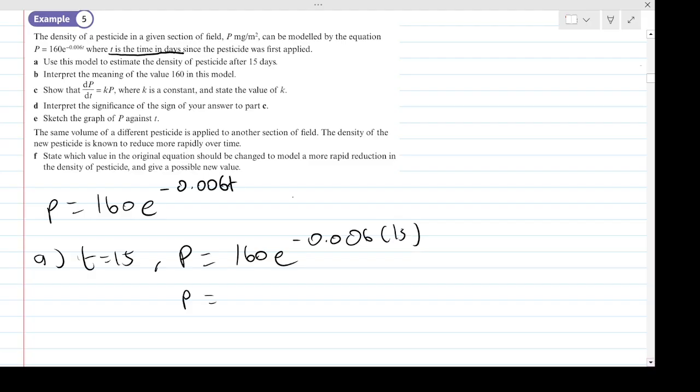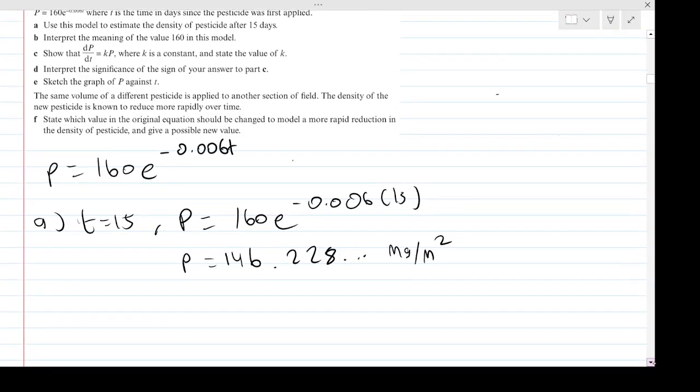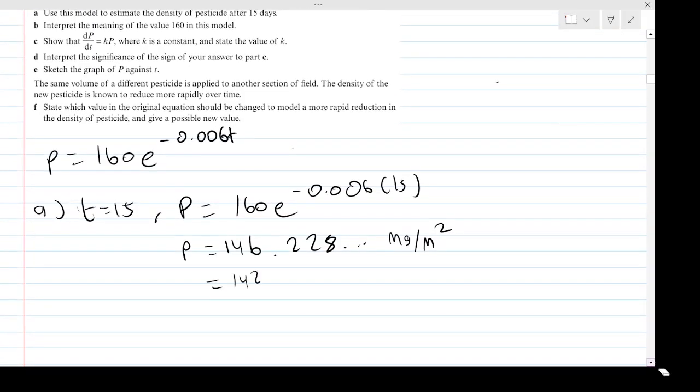We just put that in the calculator, so 160 e to the power of minus 0.006 times 15 gives me 146.228 and so on, in milligrams per meter squared. That's the units. That's the answer there, or we could round it to 146.2 milligrams per meter squared to 1 decimal place.